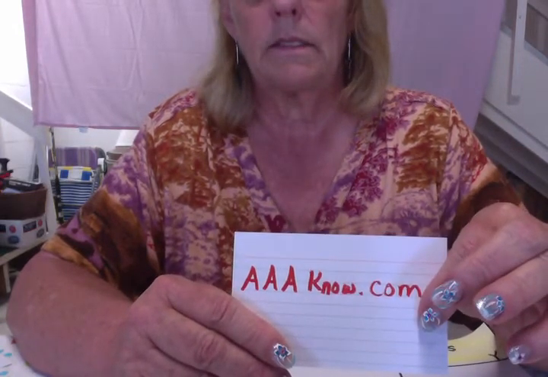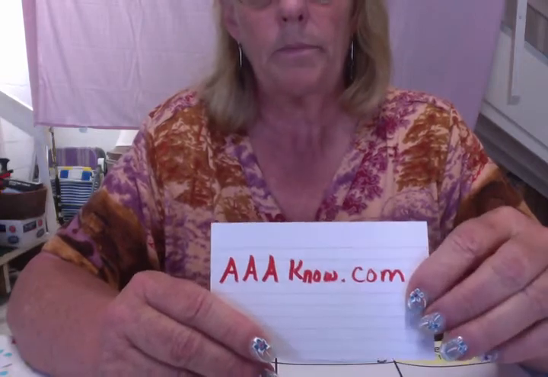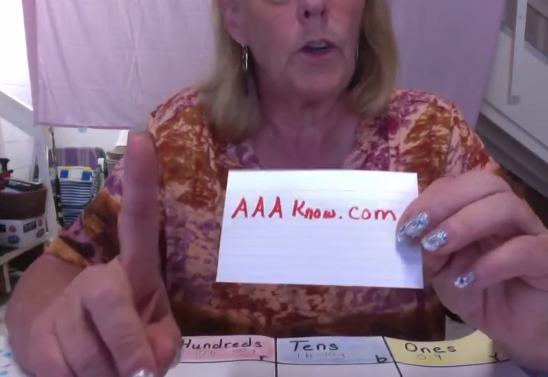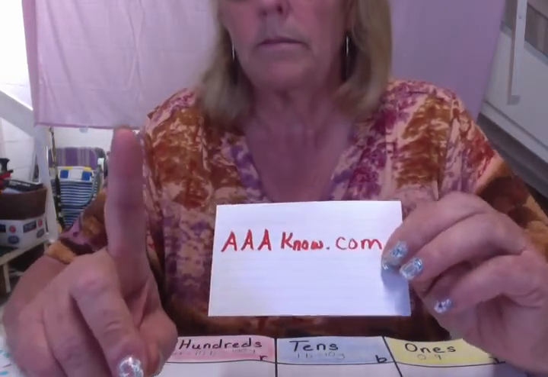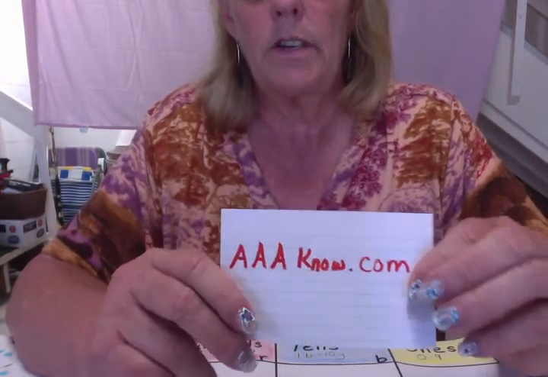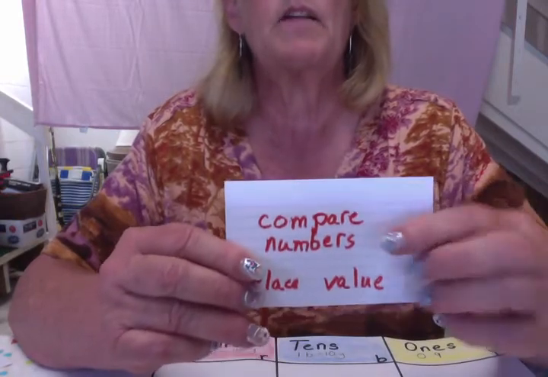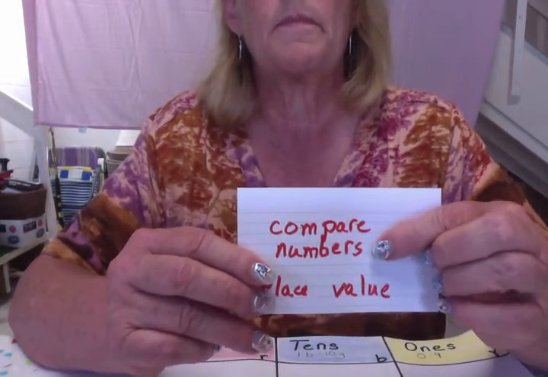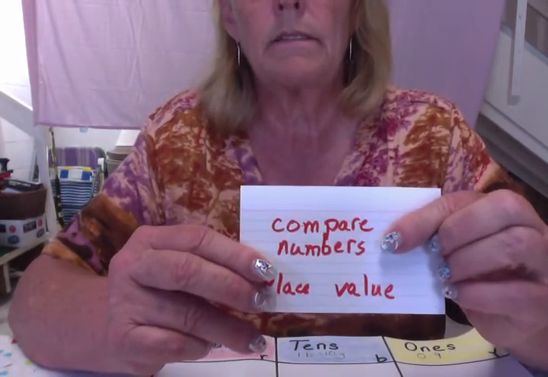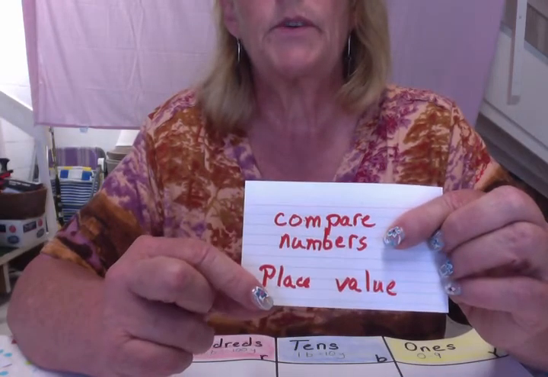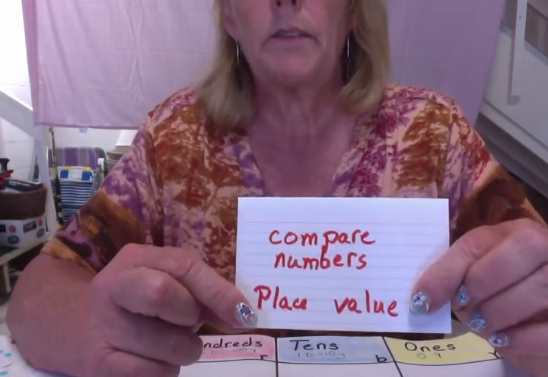Okay? And when you get there, you're going to go to grade 1 and look in the list for compare numbers, and you're going to click on that, and it's going to take you into place value.